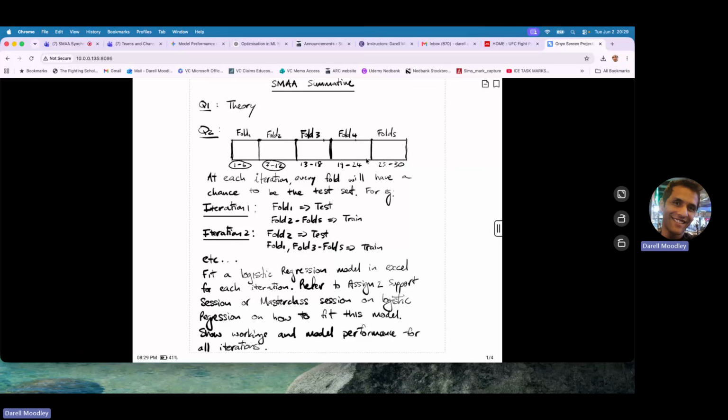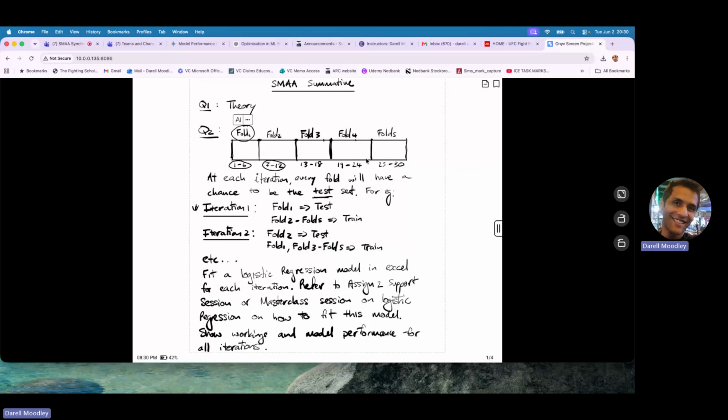Now, at each iteration, each of these folds will have a chance to be the test set, right? Or in other words, be the unseen test set where you don't train the model on that. So for instance, on iteration 1, you could let fold 1 be the test set, and then the rest of them will be your training set.